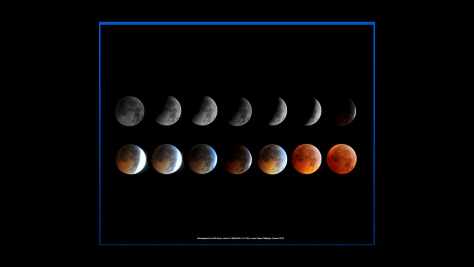The red moon is possible because while the moon is in total shadow, the Earth's shadow, some light from the sun passes through the Earth's atmosphere and is bent towards the moon. Write that down.